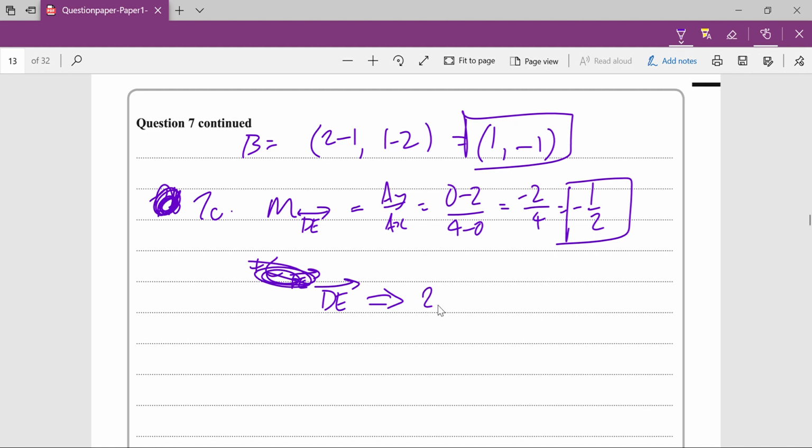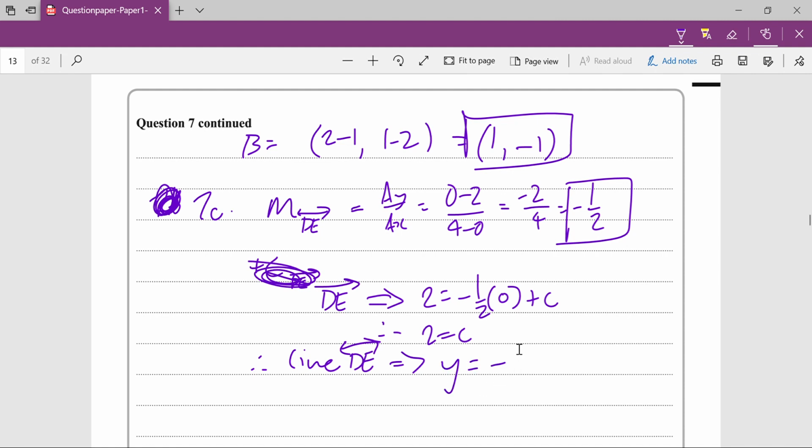So 2 equals minus 1 over 2 times 0 plus C. Therefore 2 equals C. So thus we know the line DE is y equals minus 1 over 2 x plus 2.